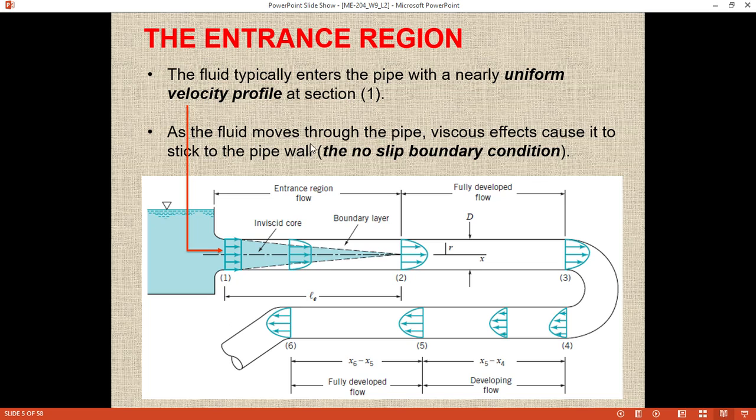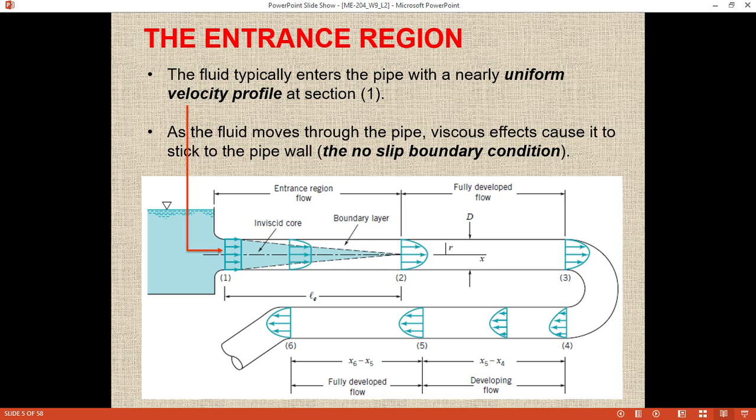As the fluid moves through the pipe, viscous effects cause it to stick to the pipe wall, the no slip boundary condition. As I told you before, earlier we used to discuss ideal flow. In the case of ideal flow, throughout the pipe the velocity profile remains uniform and doesn't change, because there is no viscous effect and no shear stress between the pipe and the fluid.